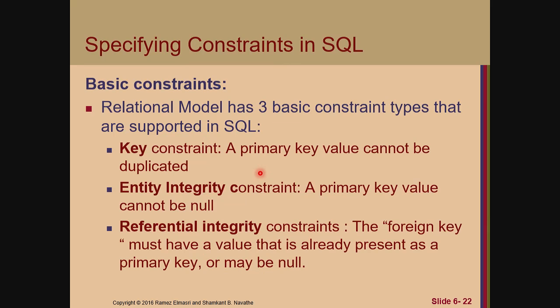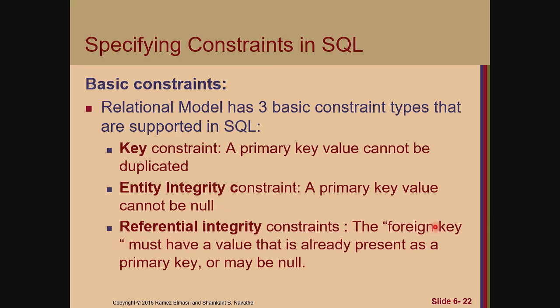Another one is basic constraints. We have 3 basic constraint types. The first one, key constraint. A primary key value cannot be duplicated. Okay, we know that. And entity integrity constraint. Okay, we have the primary key value cannot be null, right? And the other one, referential integrity constraint.